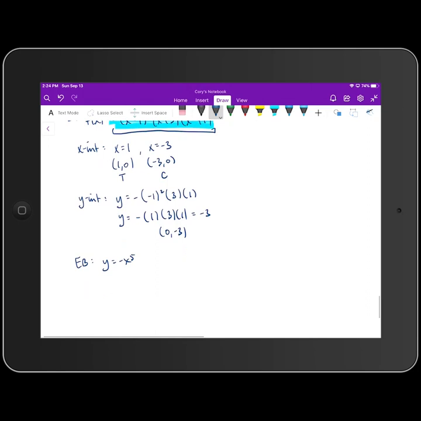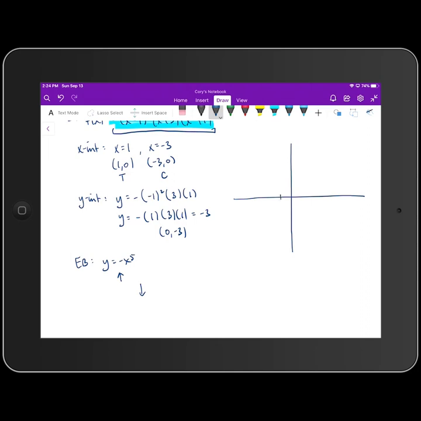And the end behavior of -x to the 5th is going to go up and to the left and down and to the right. Okay, so once we have all that, we have everything that we need now to sketch our graph. So we're going to plot our intercepts first.